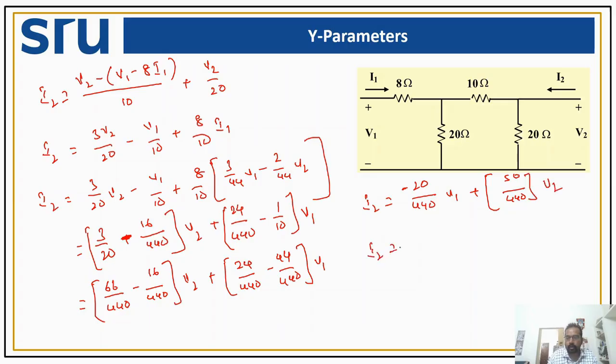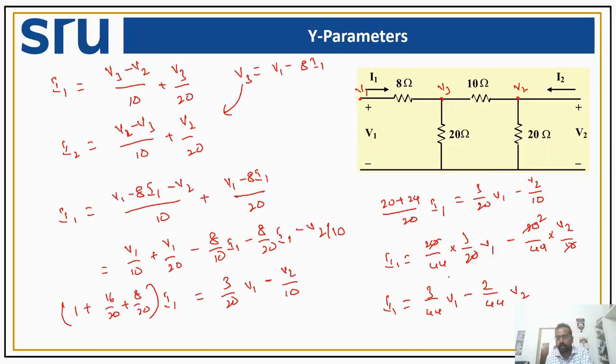So my I2 will be equal to minus 2 by 44 V1 plus 5 by 44 V2. So this will be my Y21 and this will be my Y22, which we got similarly in the previous method. So this is my Y11 and this will be my Y12.